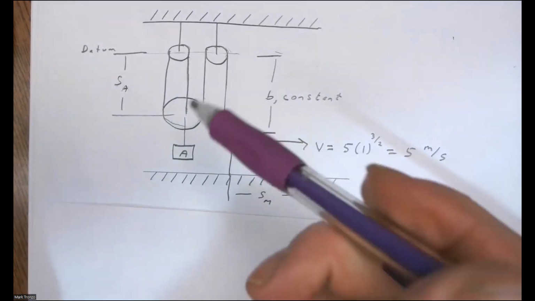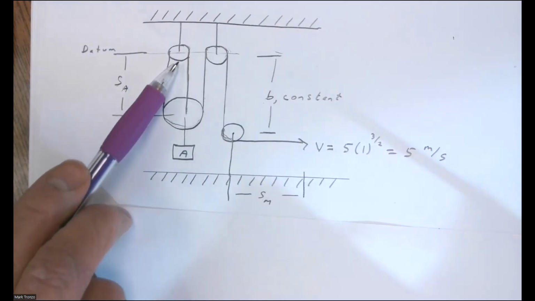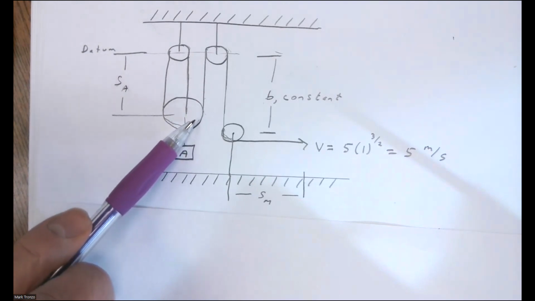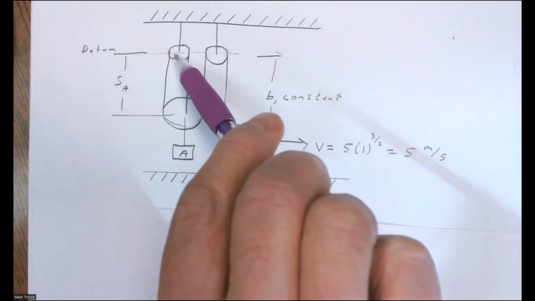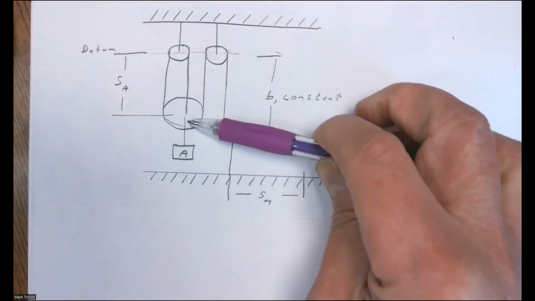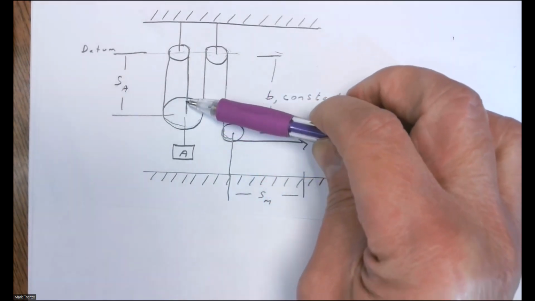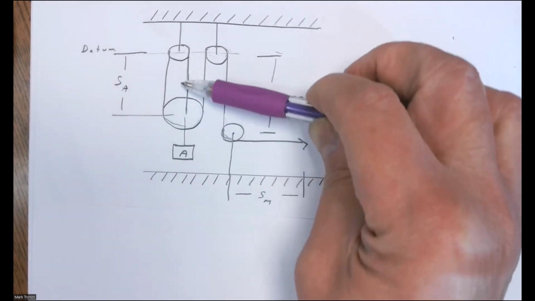And now notice something interesting here. This length and this length are all the same. And they're going to be changing at the same rate because these pulleys up here are fixed. So these three pieces of the cable are going to move uniformly as this pulley moves up and down.